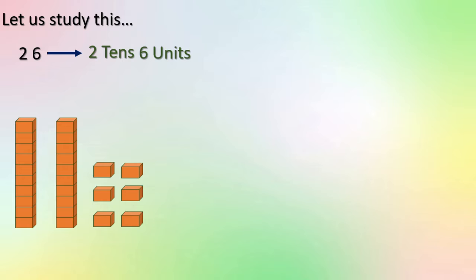Okay, now we have 2 tens and 6 units. Now if we have to give 9 units to someone, then how is it possible? Now we have separate 6 units, and from this 6 units we can't give 9 units, isn't it?